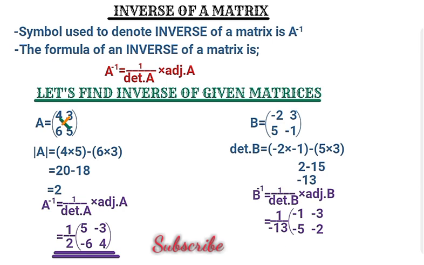As you can see, +3 and +5 have changed their signs, they have become negative numbers. And -2 and -1 have swapped positions, so we have interchanged the leading diagonal elements, and changed the signs of the trailing diagonal elements. Then we're going to close brackets and underline that one. So that is the inverse of matrix B. Basically, this is how you find the inverse of any given matrix.